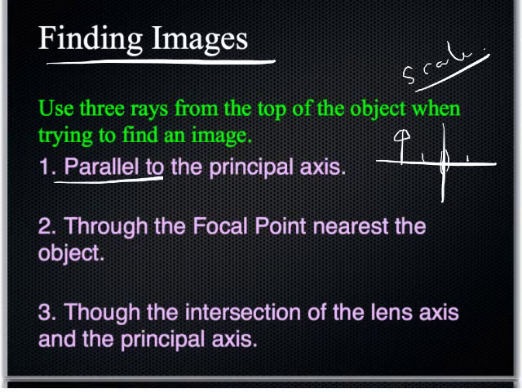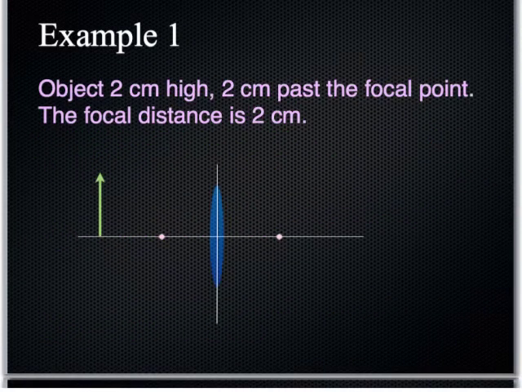The first ray is going to be parallel to the principal axis. We're going to draw another one through the focal point nearest the object, or you could do another one through the intersection of the lens axis and the principal axis, so through there. So there are 3 different rays you can do. Let's do an example.